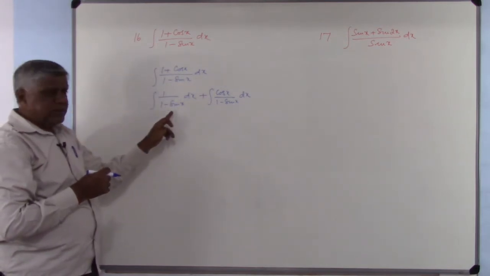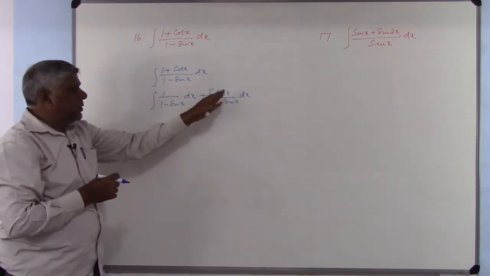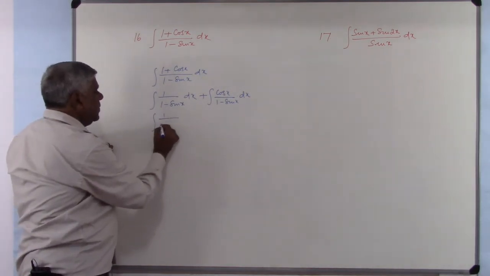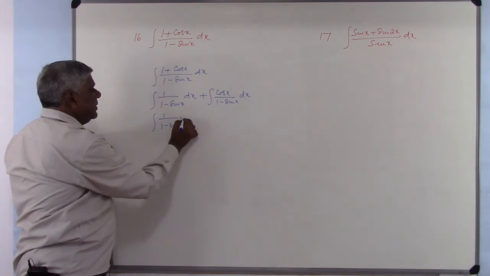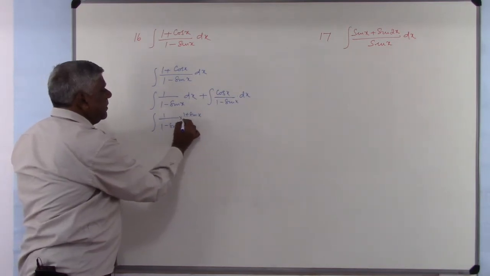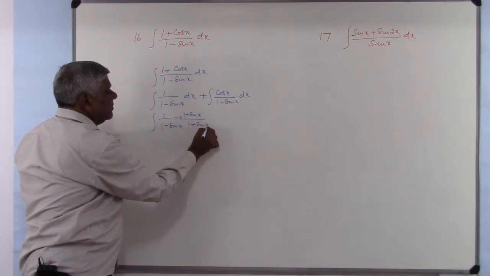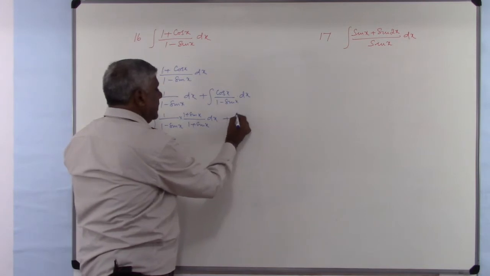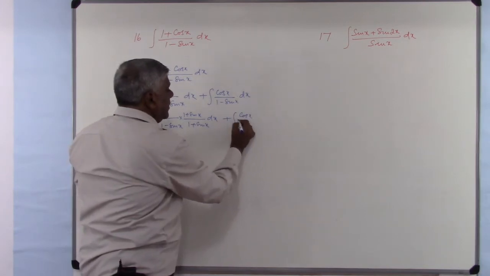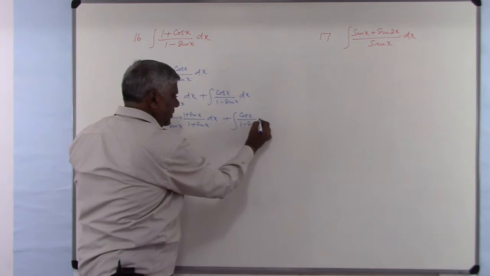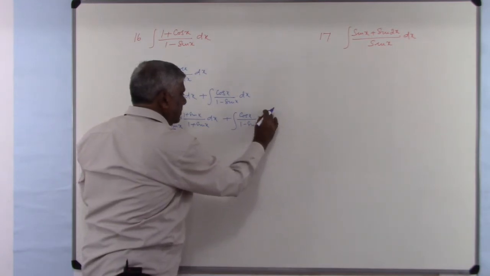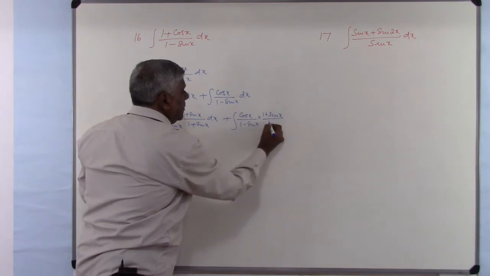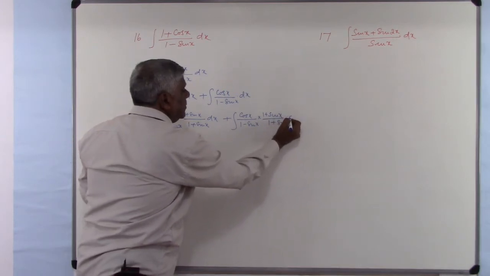Now here we are going to rationalize this: 1 over 1 minus sin x into 1 plus sin x by 1 plus sin x dx, plus here, 1 minus sin x, here also the same thing, cos x into 1 plus sin x by 1 plus sin x dx.